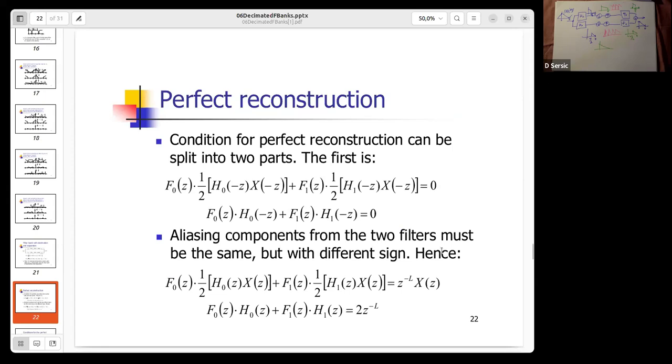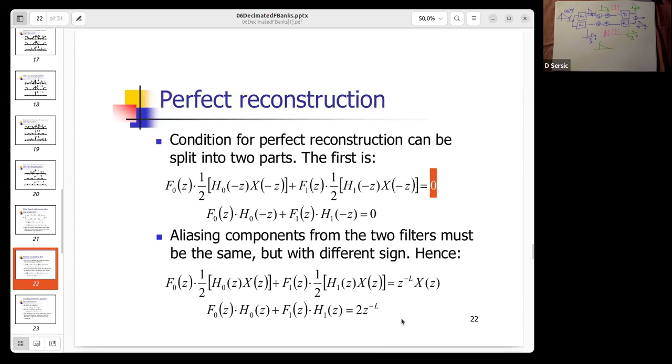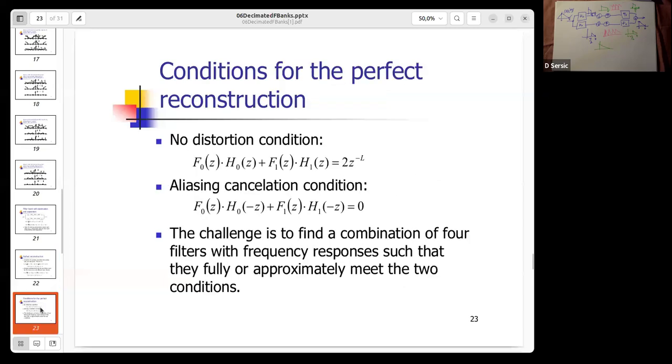So we just split the original perfect reconstruction property in two parts. One part consists only of the aliasing components, the one with minus signs, and we want it to be zero. This is our idea. And the other part consists only of the positive parts, and the result must be, okay, not one, because of these two halves, it must be two to achieve the perfect reconstruction. Altogether, we have two conditions.